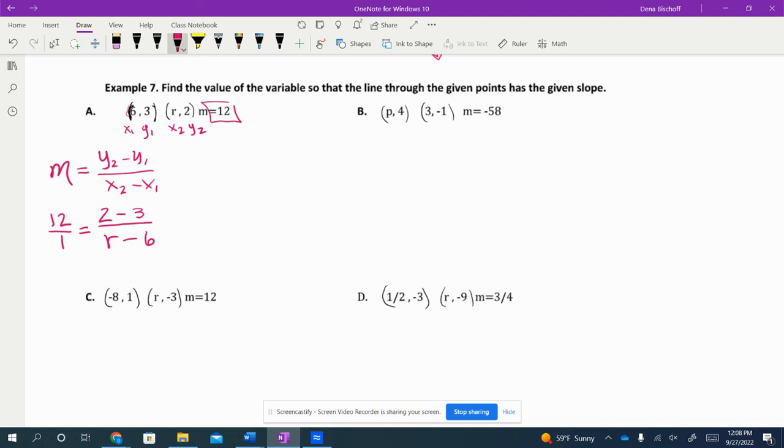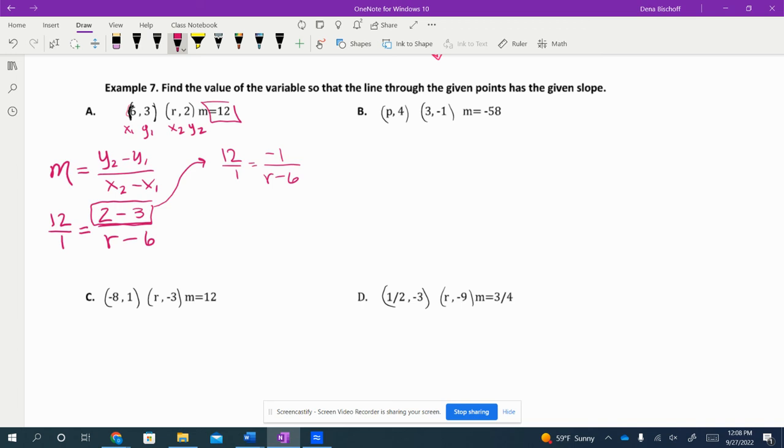Do you guys remember that? So I think that I can simplify the 2 minus 3. How can I rewrite that? What is 2 minus 3? So I'm going to rewrite that as negative 1 over R minus 6. So 12 over 1 equals negative 1 over R minus 6. All I did was simplify that, okay?